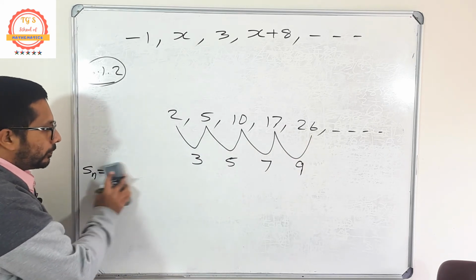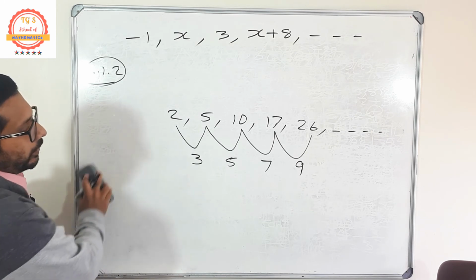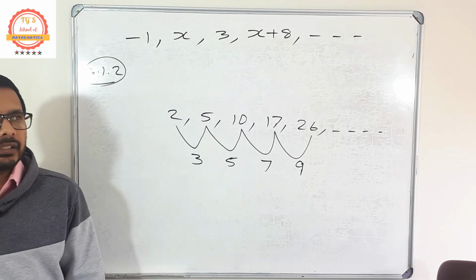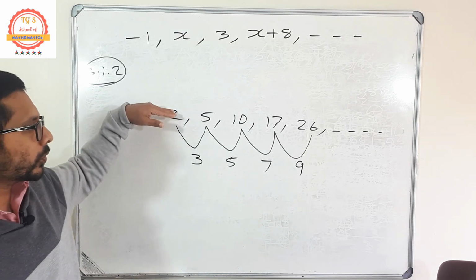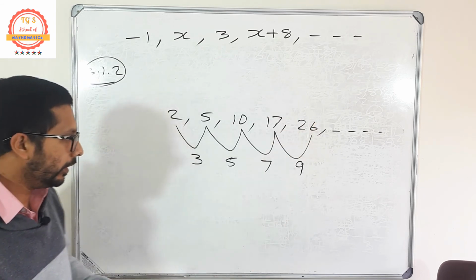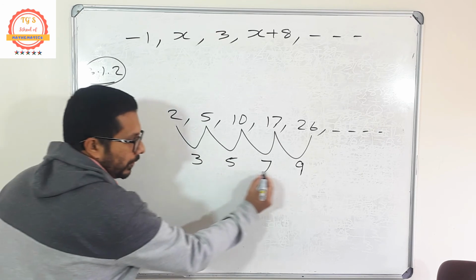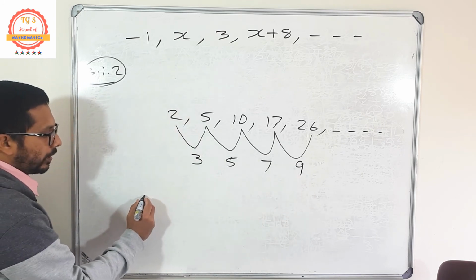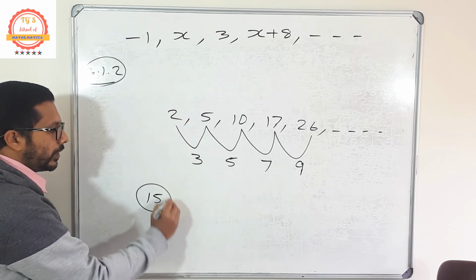Now here I want to find what is the position in this quadratic sequence when the sum of this first difference is greater than 15.